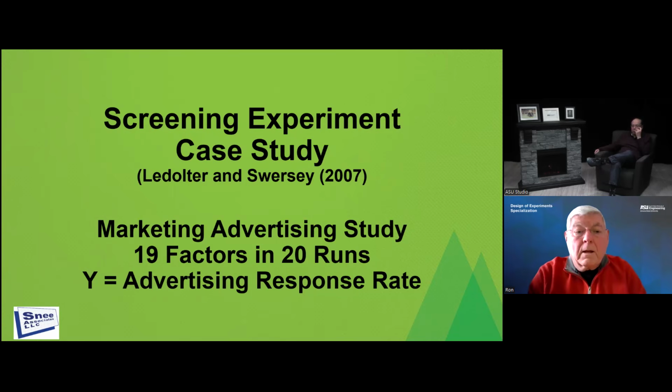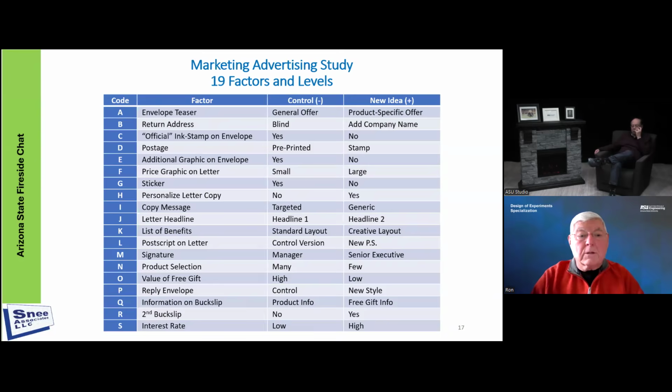Anyway, they were sending out advertising for credit cards, and this was a larger number of factors on why people are interested in credit cards. And so this studied 19 factors in 20 runs. A Plackett-Burman design was used.